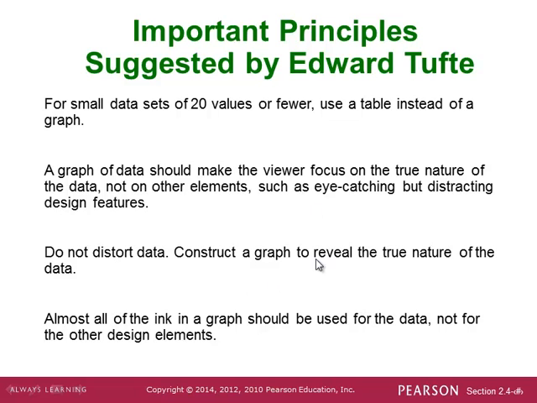Be careful to not inadvertently or purposely distort your chart by playing with the scaling of your vertical axis. You know, just think back to that picture regarding the miles per gallon for those three different models of vehicles.